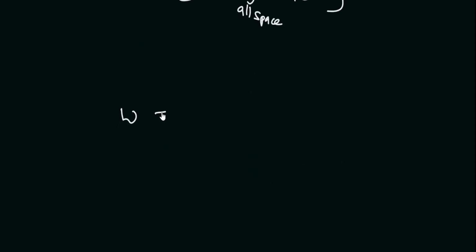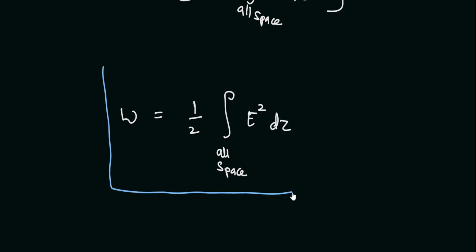So our work done will be equal to half the integral, over all space, that is the entire space, of E squared dτ. So this is the final formula.